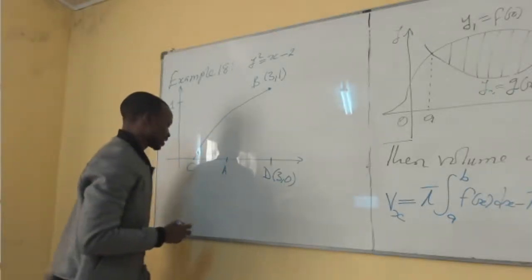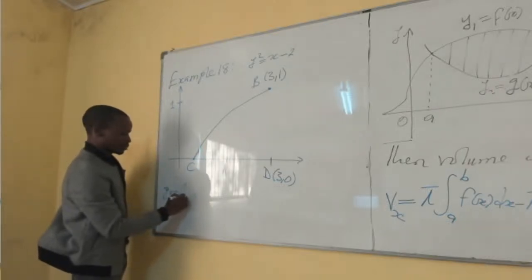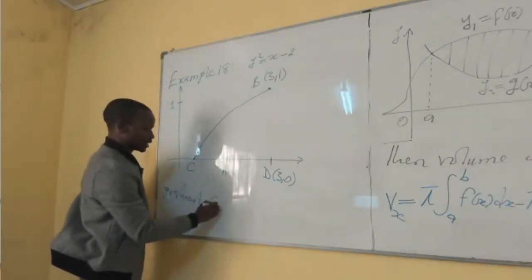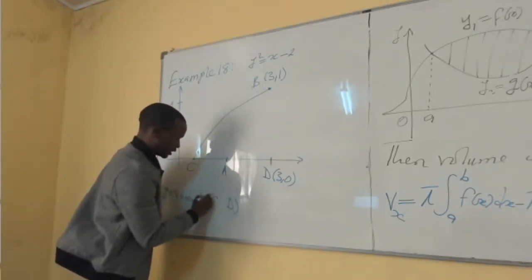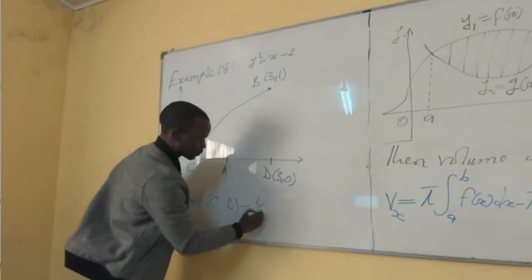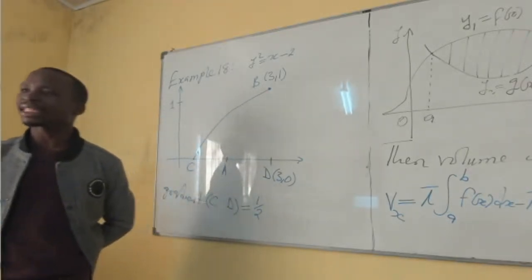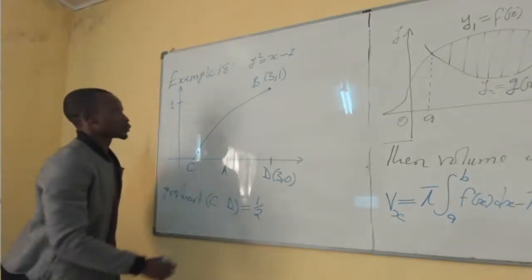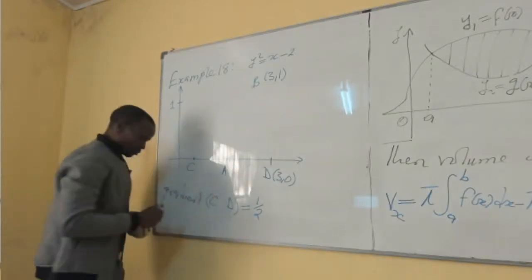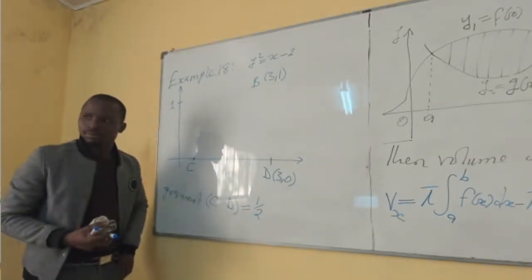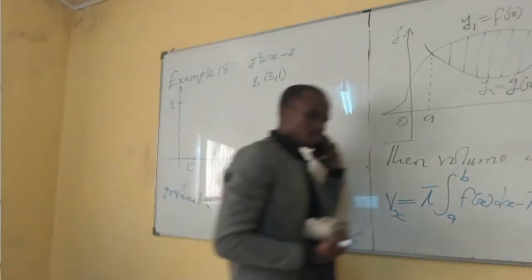So the gradient of CD is equal to 1 over 2. The curve meets the x-axis at A.